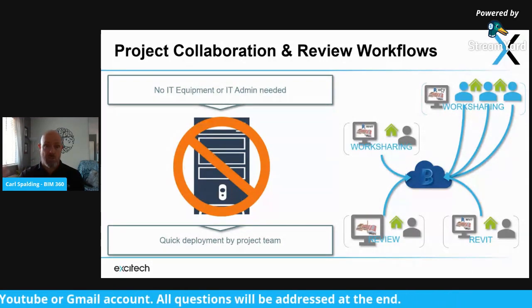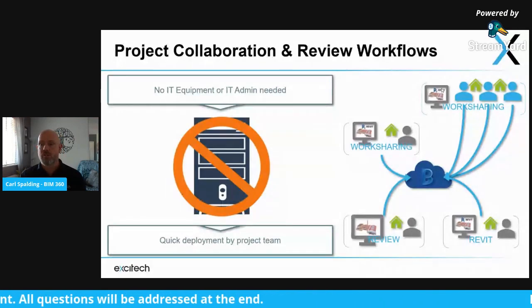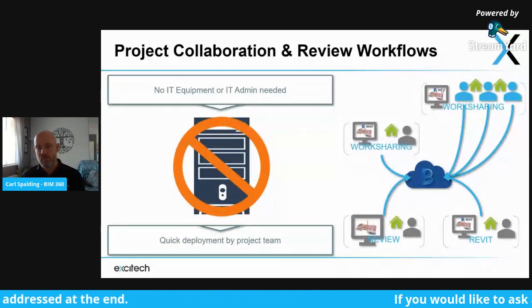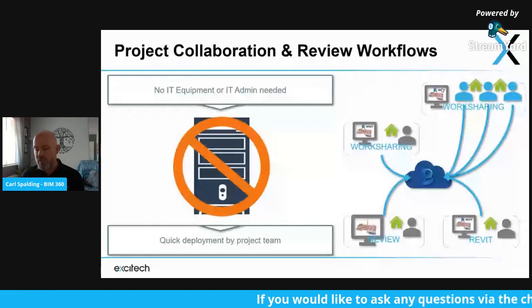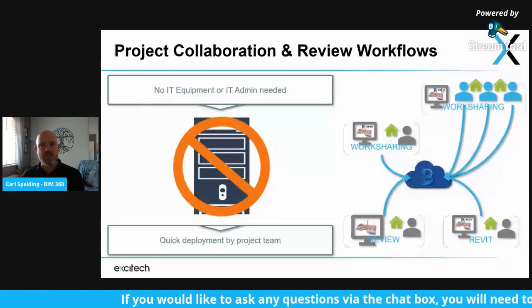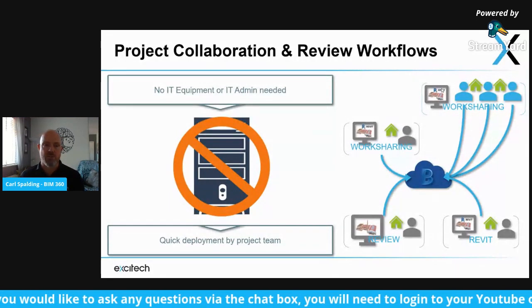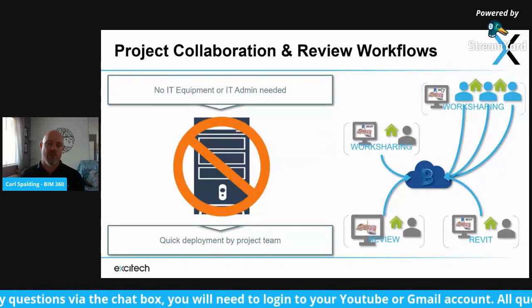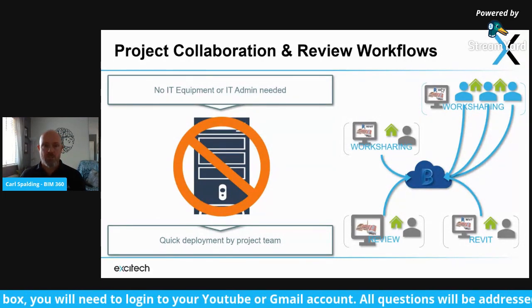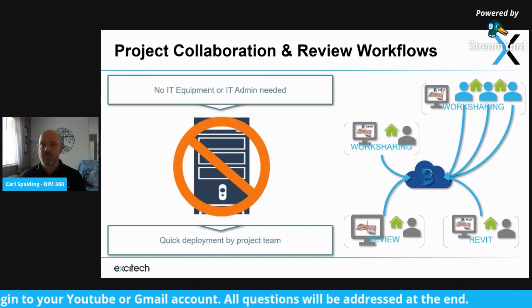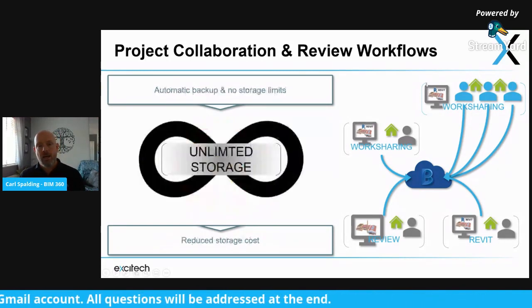They can pretty much just log in and away you go. So there's no big setting up of securities and permissions and domains, and we don't need to do that. We can just do that in the environment, add people, and away we go. So there's no IT equipment, nothing that's required at that point.